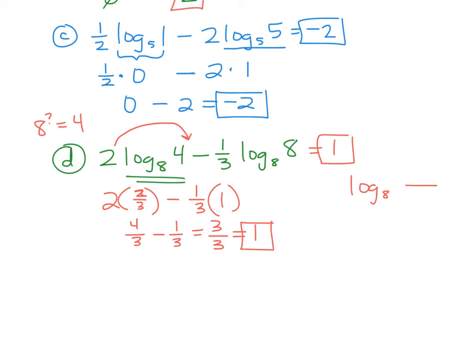On top, you have 4 squared. On bottom, you have 8 to the 1/3. Okay? What's 4 squared? 16. 8 to the 1/3 is 2, right? Cube root of 8 is 2. So log base 8 of 8, and then figure it out from there, it's 1.